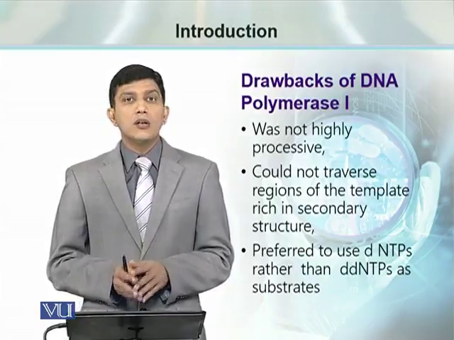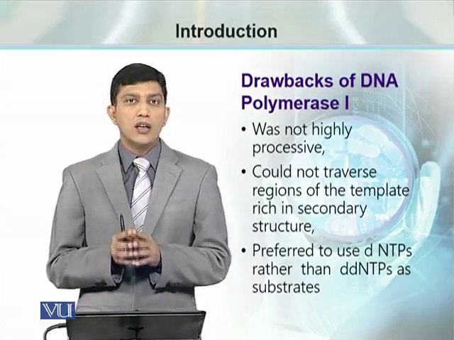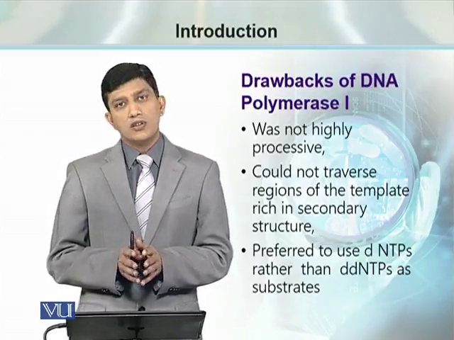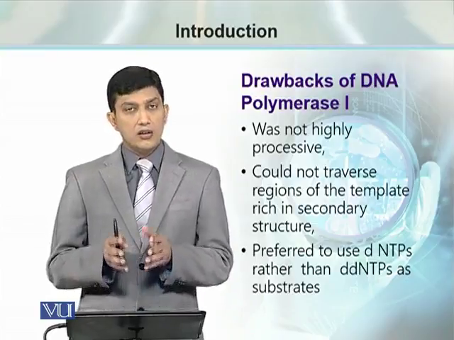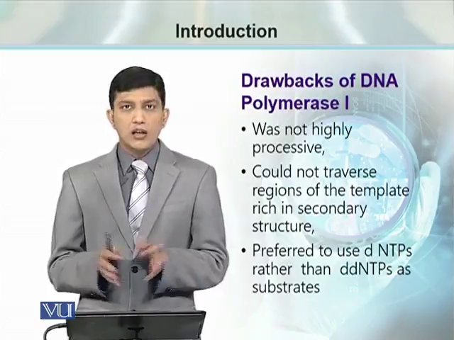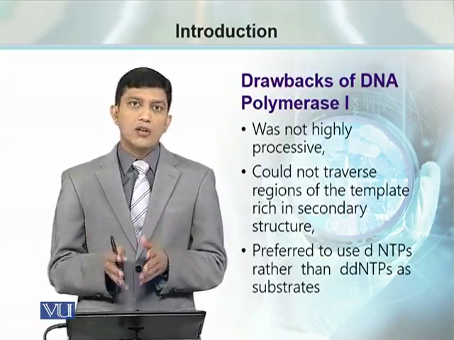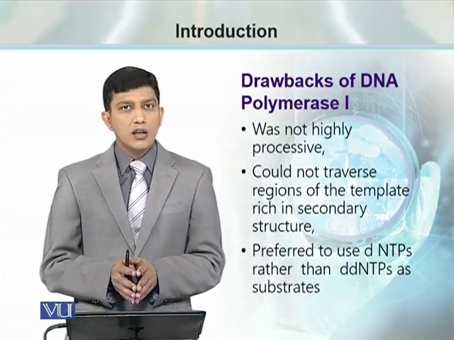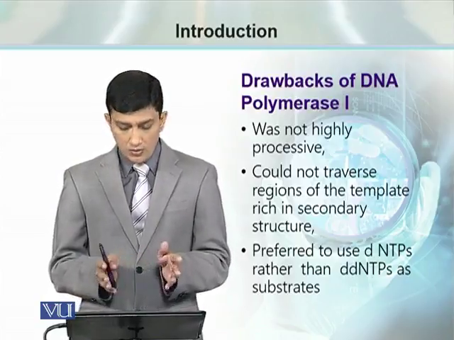Secondly, it could not read the areas of DNA which have secondary structure. We can say it could not traverse those areas having the secondary structure. So ultimately, this enzyme left from the point where the secondary structure of the DNA is present or was observed.